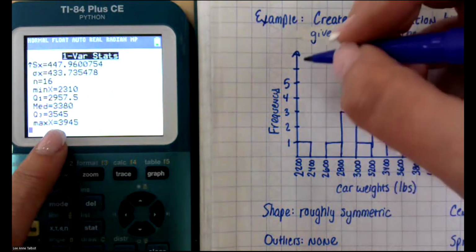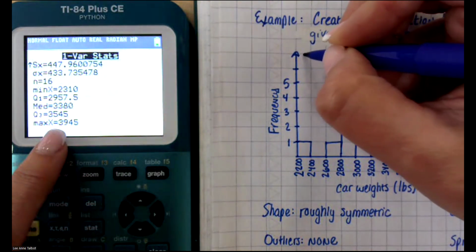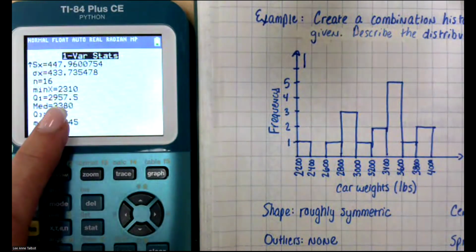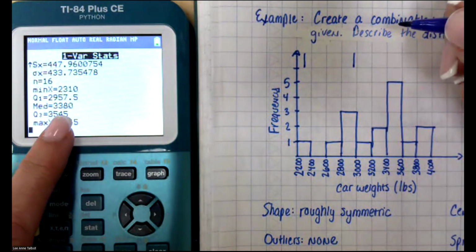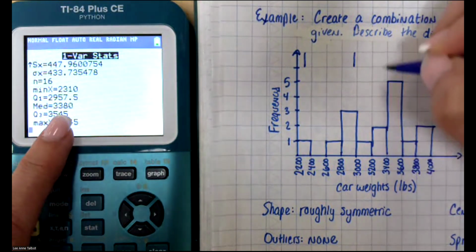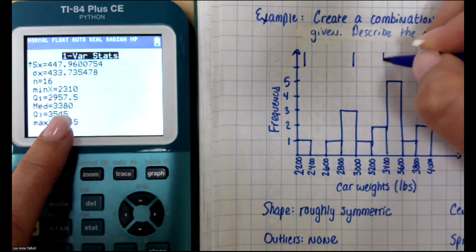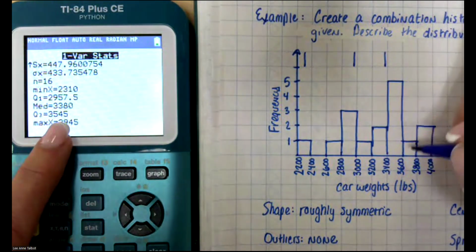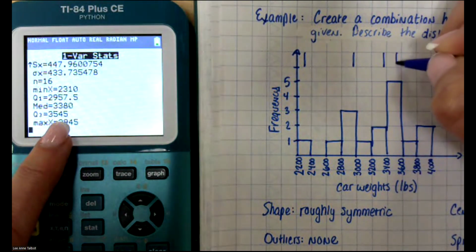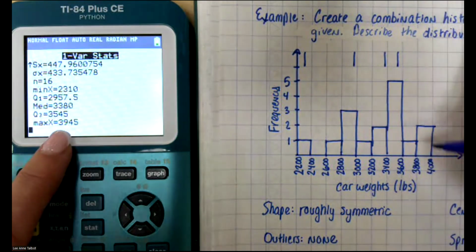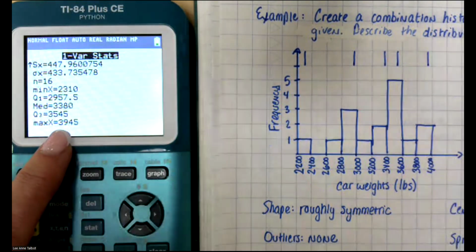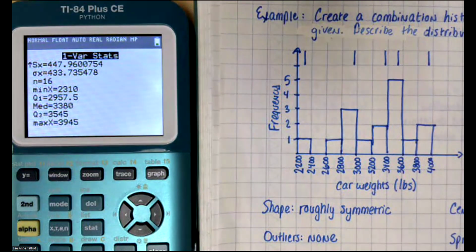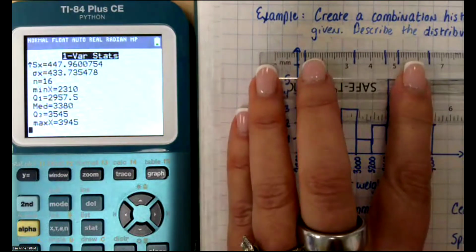So 2,310 would be like right here. 2957 would be like right here. 3380 would be like right here. 3545 would be right here. 3945 would be like here. From your 5 number summary at the very bottom.